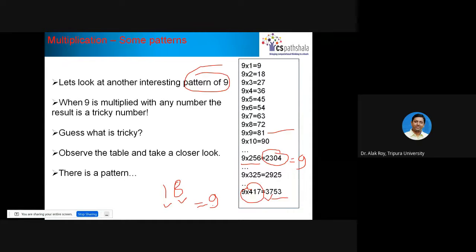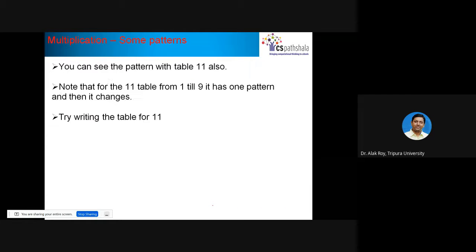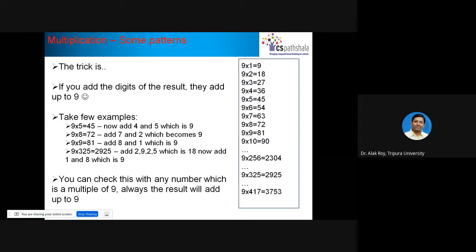If you are not clear about the concept, check this. The trick is, if you add the digits of the result, they add up to 9 only. I have taken this example, 9 into 325. The answer is 2925.